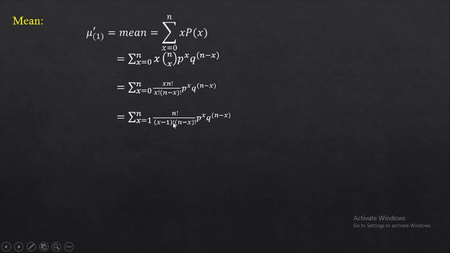Nothing changed in the function. So x in the numerator and denominator get cancelled, and what remains is x minus 1 factorial. The range also changes, because x equal to 0 has no meaning, so our range is from 1 to n, with p^x q^(n-x).